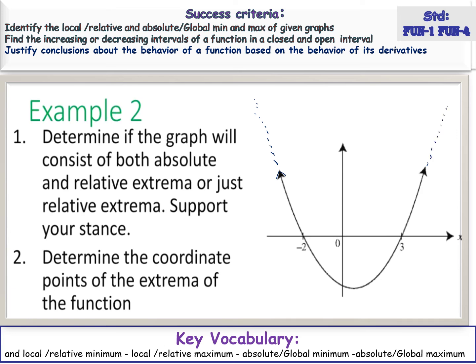It doesn't stop. Here you can see a turning. So this turning is said to be the relative minimum. And similarly, in the same graph, you can say that this point is the lowest point. So this could also be named as absolute minimum.